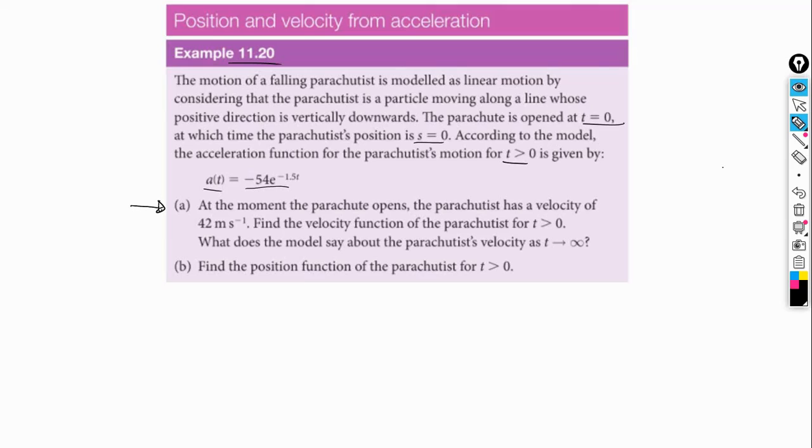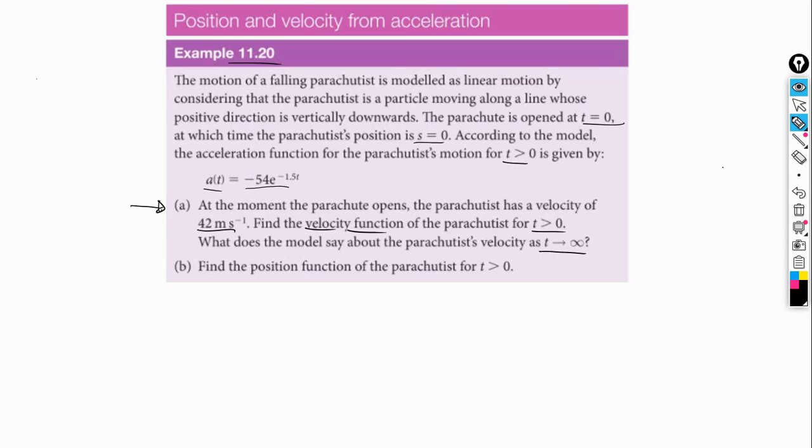So part A. At the moment the parachute opens, the parachutist has a velocity of 42 meters per second. This is important. Find the velocity function. So they want us to find the function for velocity of the parachutist for t greater than 0. And then it says, what does the model say about the parachutist's velocity as t tends to infinity?